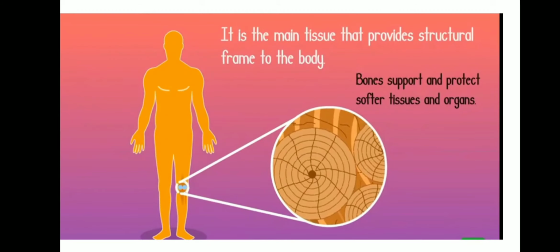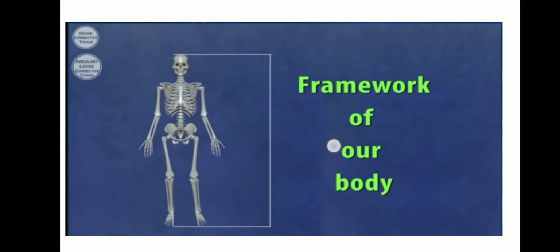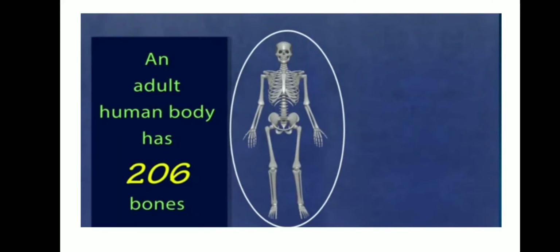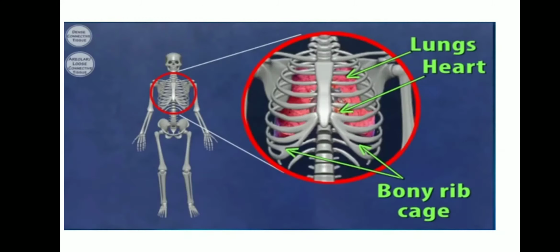It's a main tissue which is giving framework to the body, structure to the body. And this bone only protect the internal organs. Soft organs or internal organs are protected only with the help of bone. So this only gives proper shape to our body, that is framework to our body, and also it is giving protection to the internal organs.